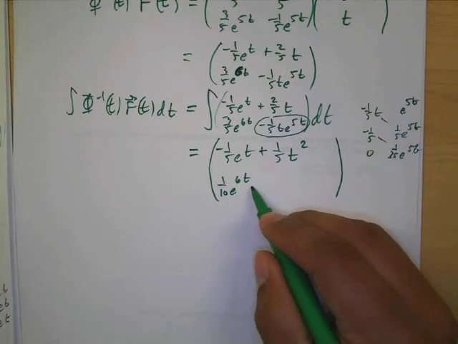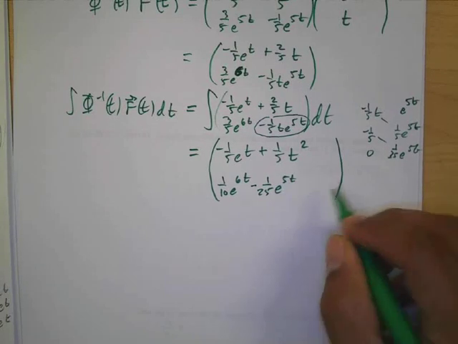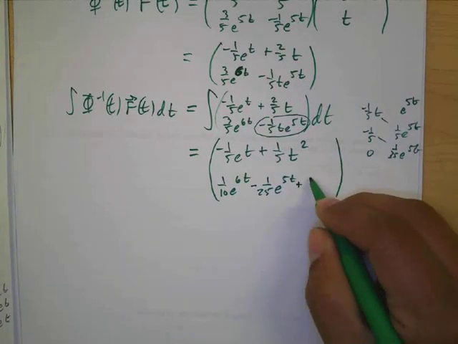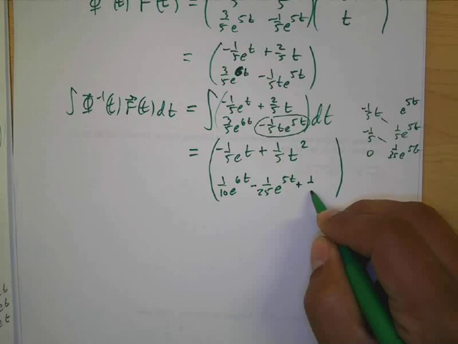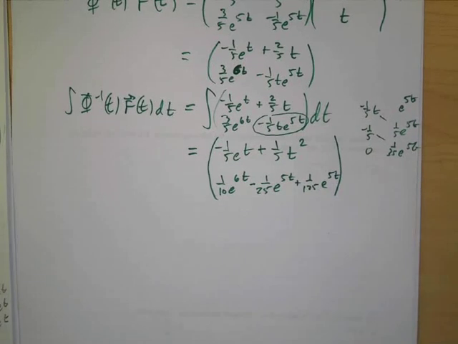So, what's this going to be? One over 125 e to the 5t.